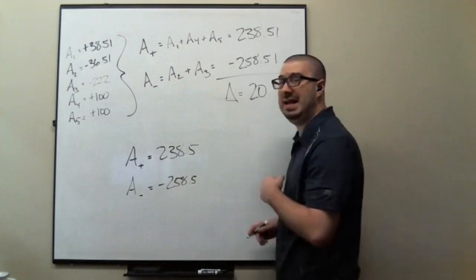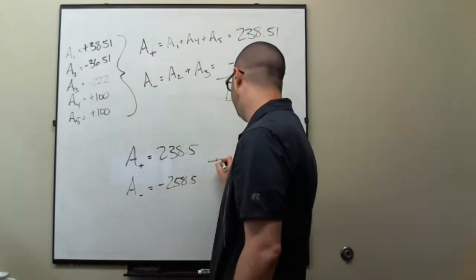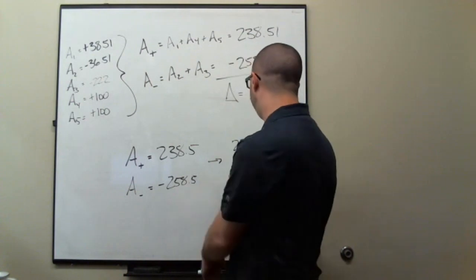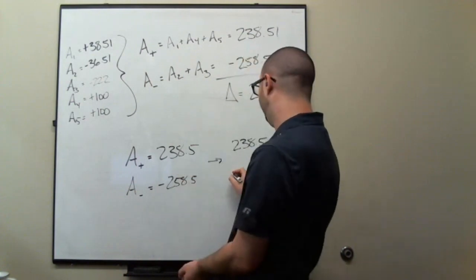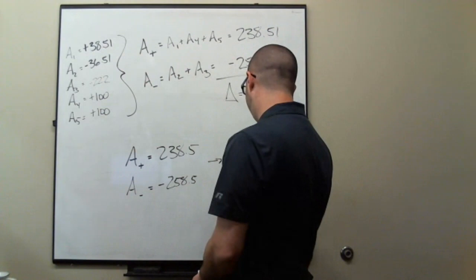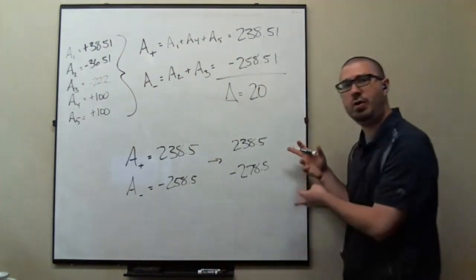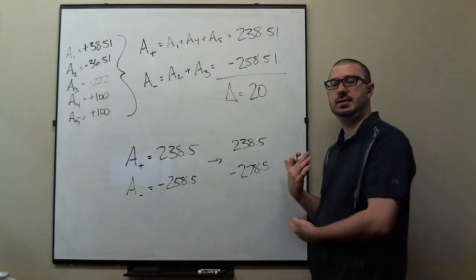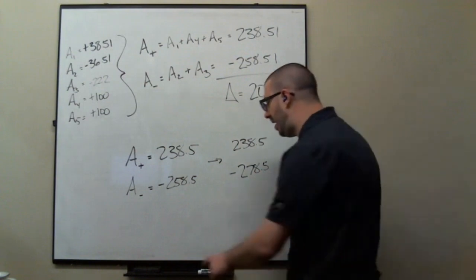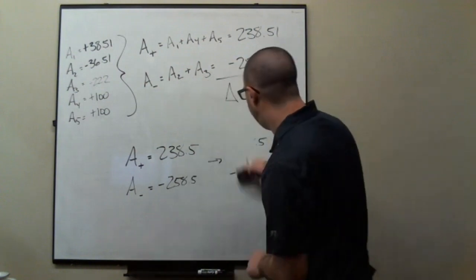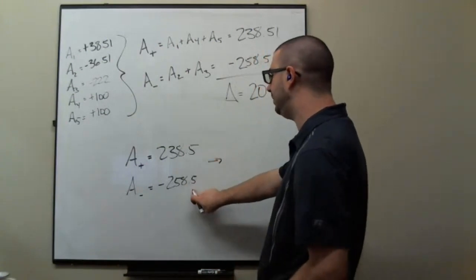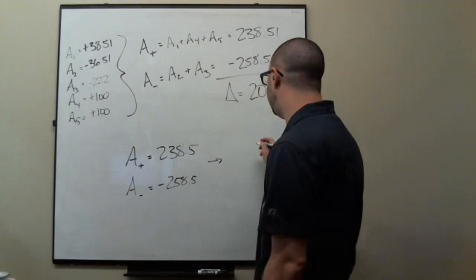If we treated that moment as negative, then this would be 238.5, but this would increase by a magnitude of 20 to be 278.5. That wouldn't make sense. That wouldn't bring us closer to equilibrium. That would bring us further away. And so the only way of handling this is to increase. So instead of decreasing this by 20, we need to increase this by 20.